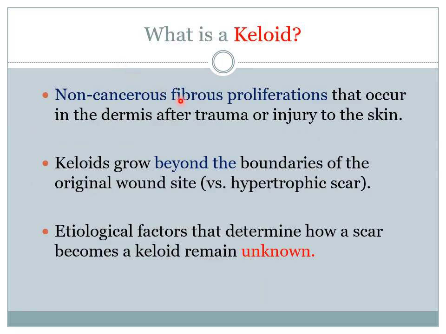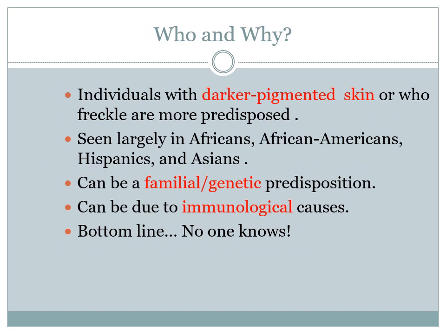Keloid is non-cancerous fibrous tissue proliferation that occurs in the dermis after trauma or injury to the skin. It differs from the hypertrophic scar in that it grows beyond the boundaries of the original wound site. The etiological factors that determine why this patient has keloid and another one does not are unknown. Therefore it is probably genetic. Keloid is more common in darker pigmented skin, negroes, or those who have freckles.